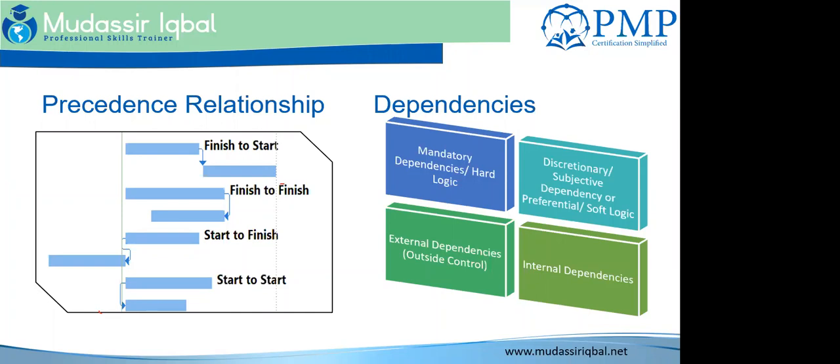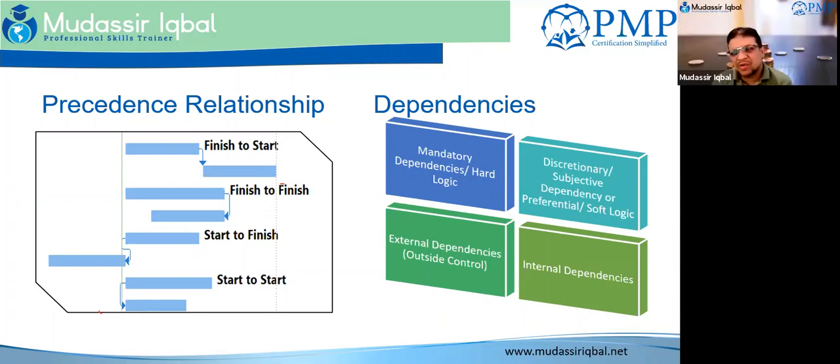Plumber or electrician work, both are subjective to each other. There is no dependency, so we need something which has a preference dependency. Like Kashif has said, paint and carpet, there is a dependency. He put it as a mandatory one. So what will be the subjective one?